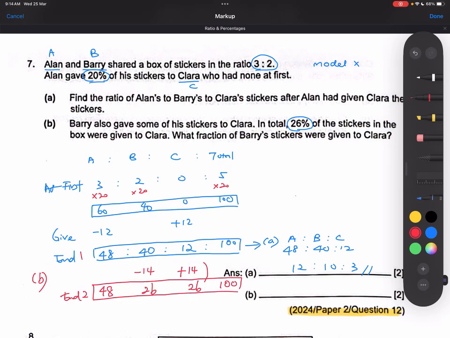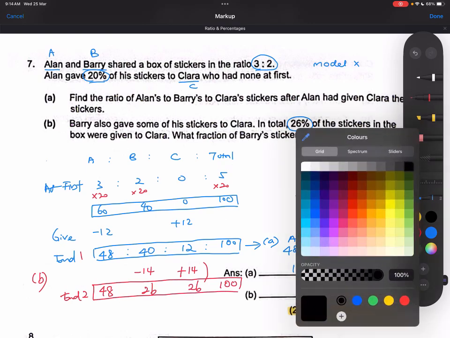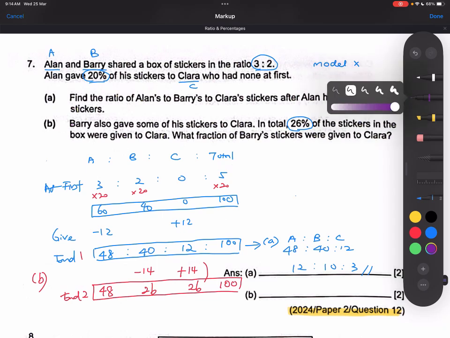Now the next part of the question is slightly different. They are now asking you, what fraction of Barry's stickers were given to Clara? A question like this means that the numerator will be what you gave away.